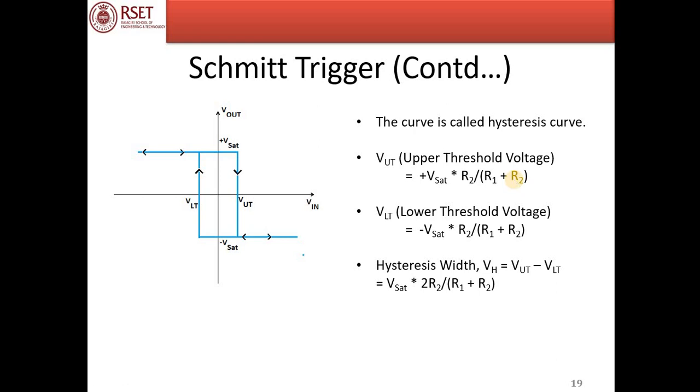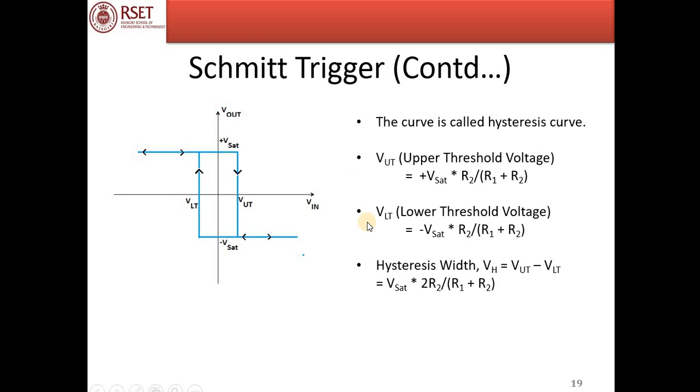So we saw that a Schmitt trigger is a normal comparator circuit with a positive feedback. Since the circuit has got a positive feedback, we saw that the output would either be plus Vsat or minus Vsat. Then we took the first case of an inverting Schmitt trigger, meaning the input voltage is applied to the inverting terminal, and we saw at what points the output switches from plus Vsat to minus Vsat and vice versa.